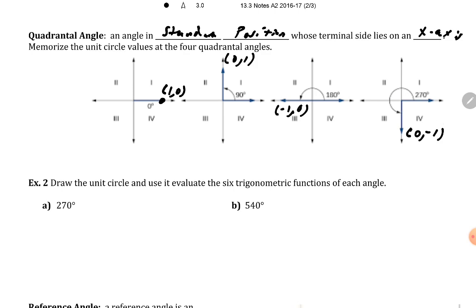Draw the unit circle and use it to evaluate the 6 trig functions of each angle. So 270 would be that fourth picture up there. Let's say we're on the unit circle.